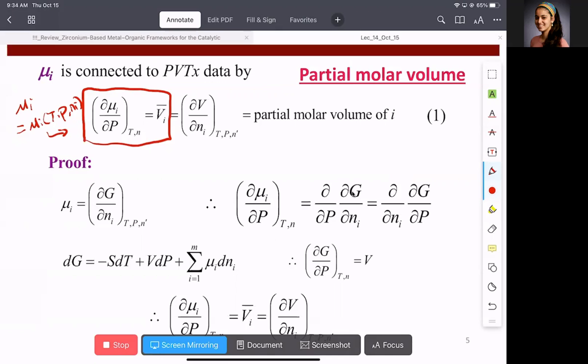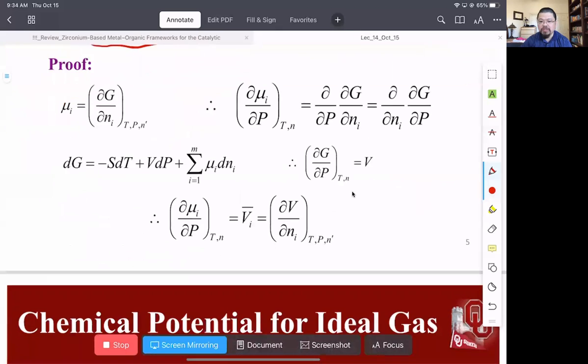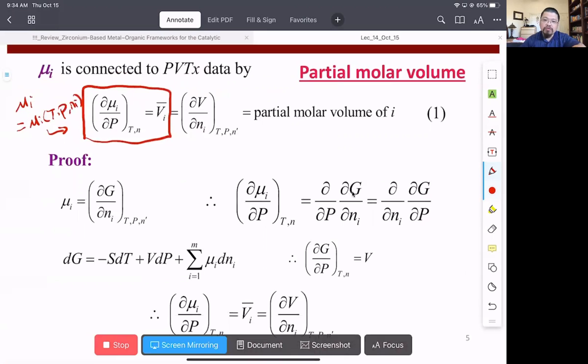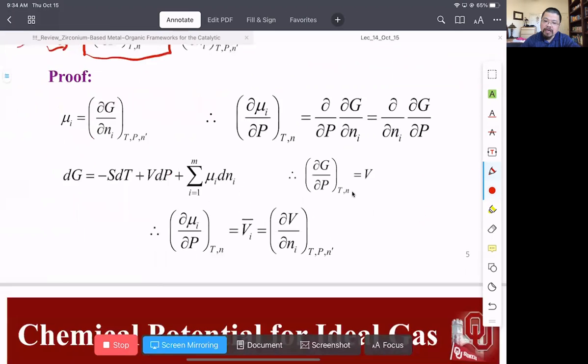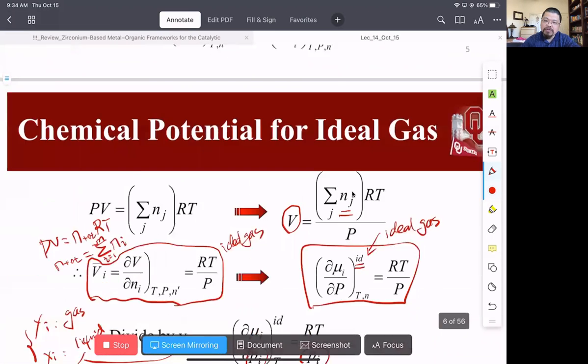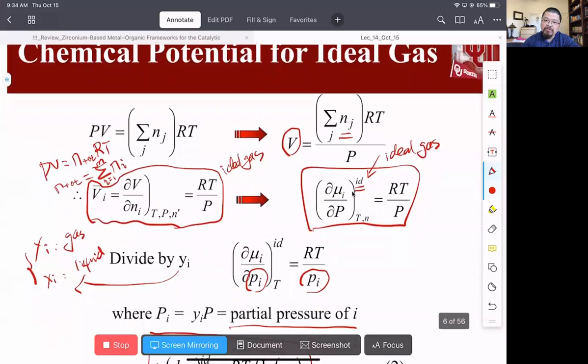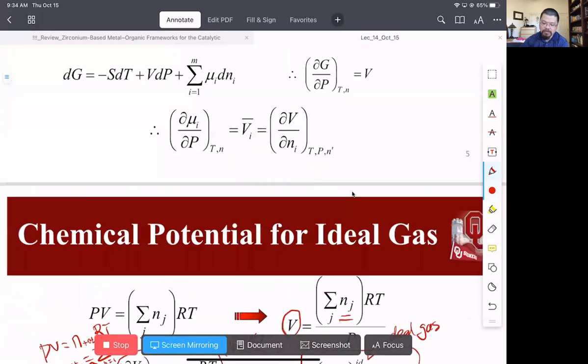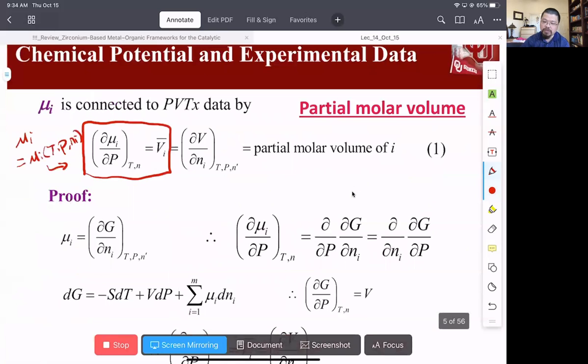So we use the ideal gas simply because, once we have this equation, the equation 1, how do we run those calculations? So that is why we try to look at the ideal gas, to see how we can simplify those calculations, now that we have the chemical potential as a function of partial molar volume.